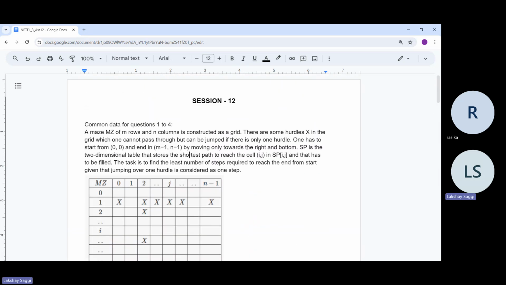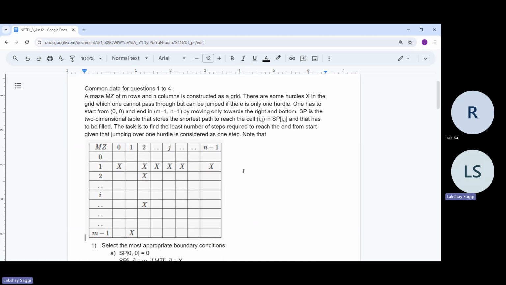Maybe the question also needs to be rephrased a bit. That shows the shortest path. The task is to find the least number of steps required, given that jumping over a hurdle is considered as one step.